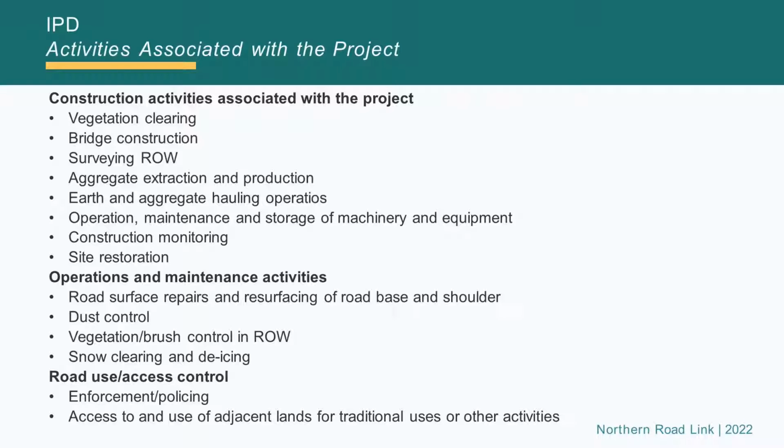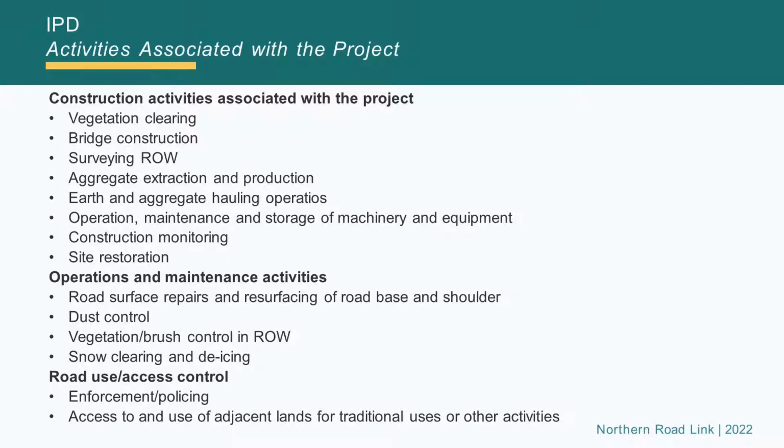And then on the operations and maintenance side, there's activities like road surface repair, so spot repairs along the road. There's resurfacing of the entire road or sections of the road with new gravel. There's dust control when you go through dry periods.